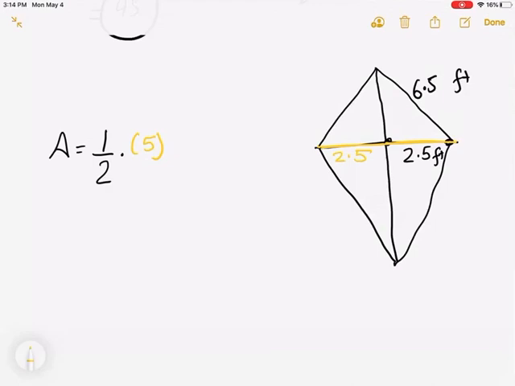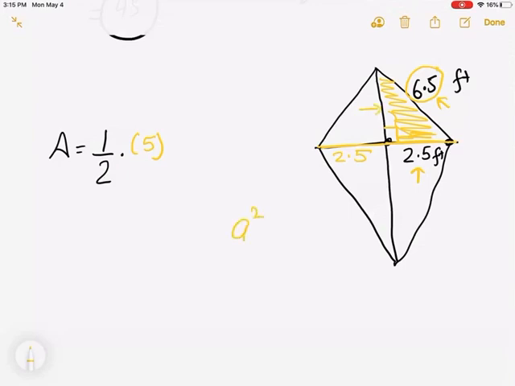But instead, I know this outer side. So if you look closely and keep in mind, wherever those two diagonals intersect, it's going to be 90 degrees. So technically, this whole shape is a right triangle. And I know two sides of this right triangle. So can we figure out this piece here? Yes, we could do that.